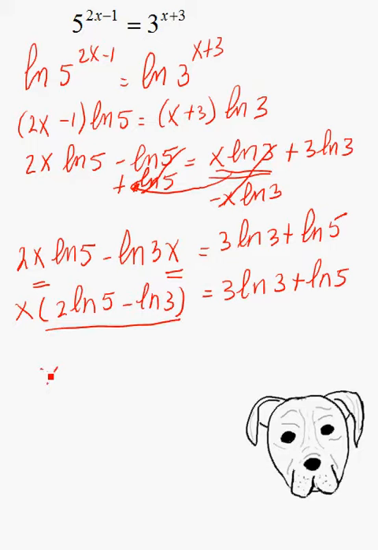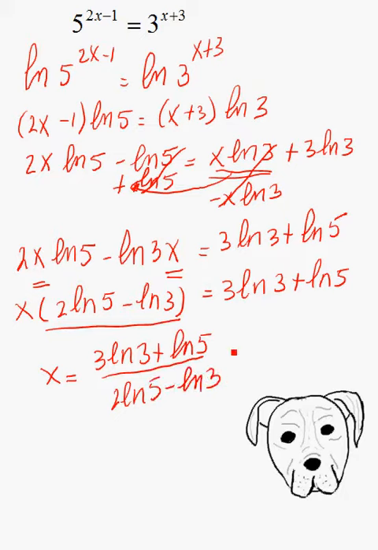So the final answer will be x is 3 ln 3 plus ln 5, and then divide all of that by 2 ln 5 minus ln 3, and that's the exact answer.